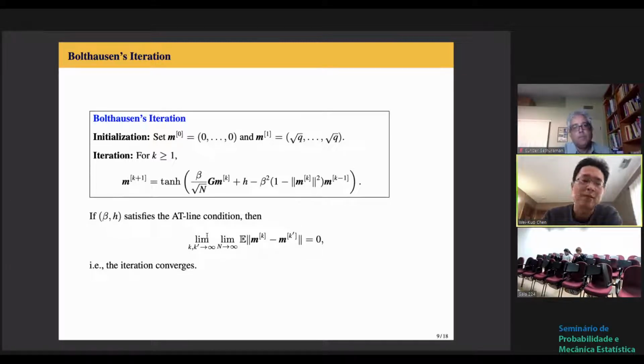Let's say if beta and h are outside of this AT condition, that means you are inside a low temperature regime. Then to produce a solution is actually still unknown. We don't even know, this iteration will be divergent, so we don't know a good way to produce a solution in that case.